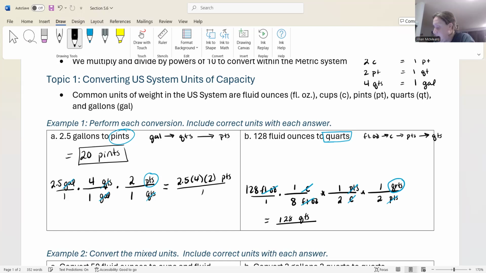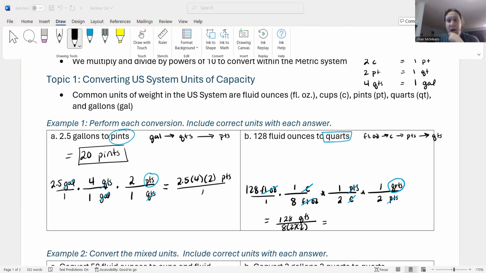And then the denominator, we get 1 times 8 times 2 times 2. So 1 times 8 is just 8, and then times 2 times 2. We can use our calculator to do the side work. So we essentially need 128 divided by 8 times 2 times 2. If you have a graphing calculator, like I have, you can divide all at once.